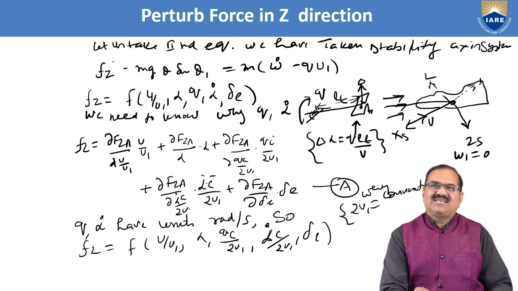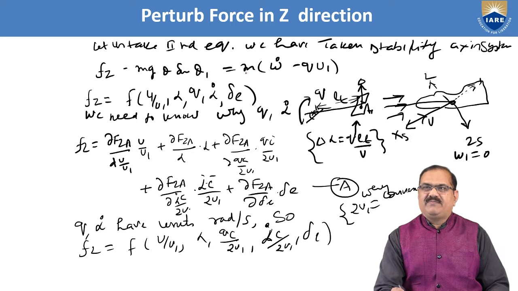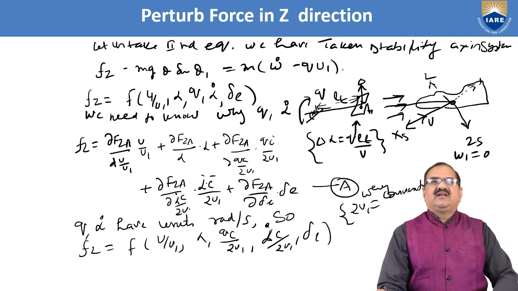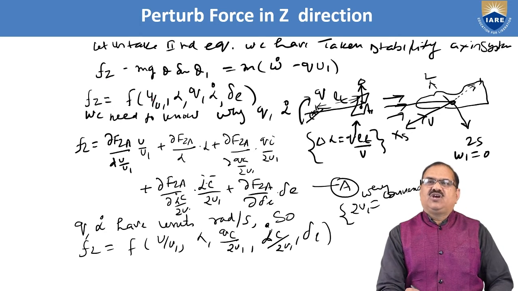So here we can see that Fz minus mg theta sine theta 1 is equal to m w dot minus q u1. This we have already derived. Now we know that this force Fz is a function of u by u1, alpha, q, alpha dot and delta E.